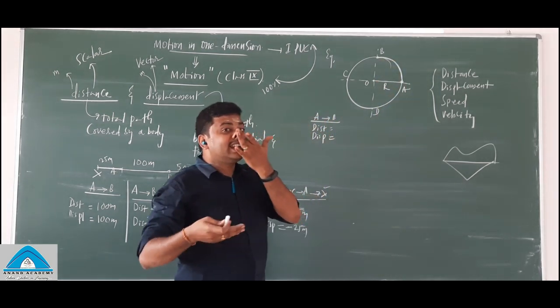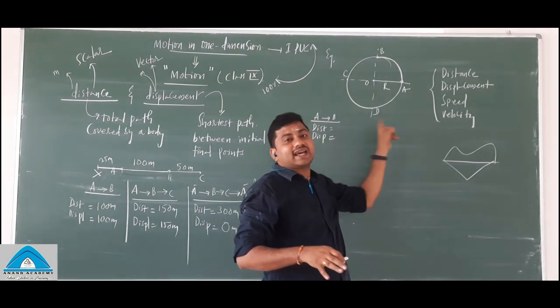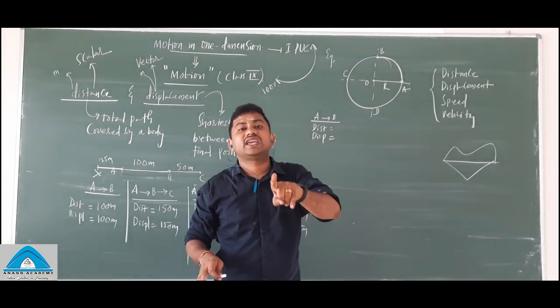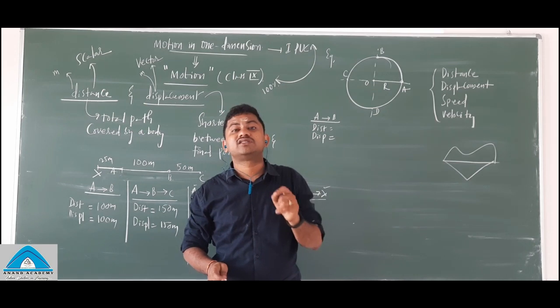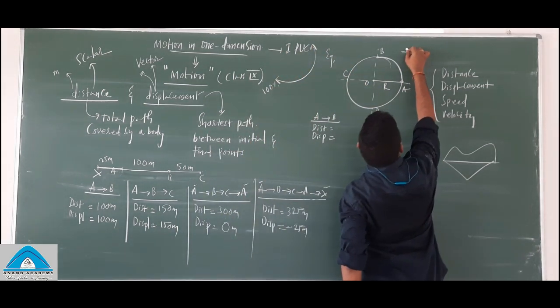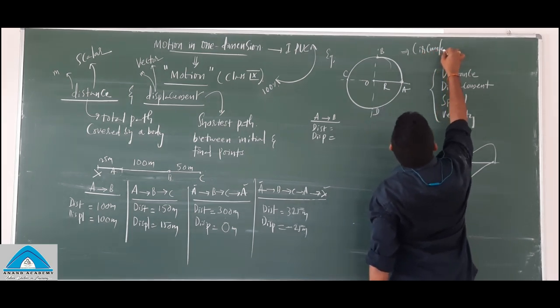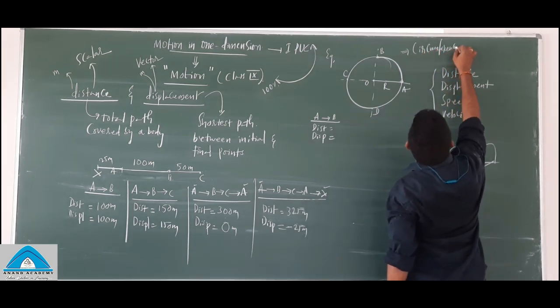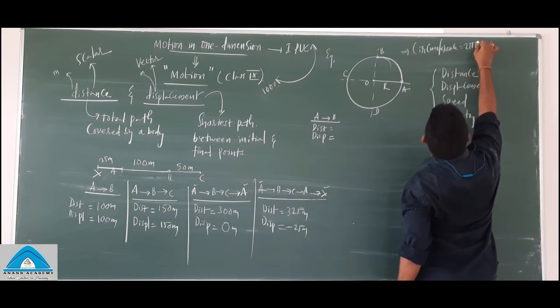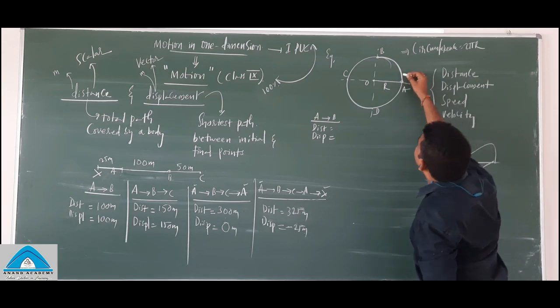What is the path length in the case of a circle? For the complete circle, the path length is the circumference, which is 2 pi r. Here, we need only 1/4 of it.